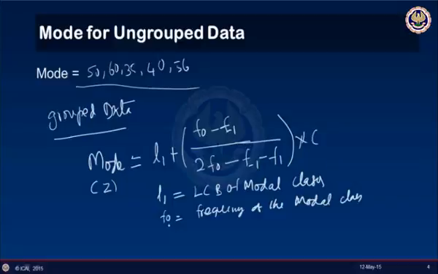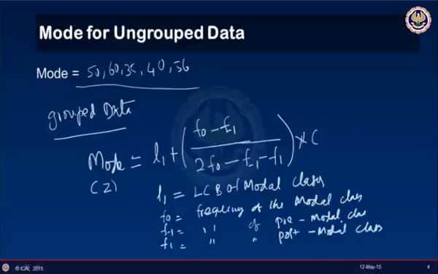F minus 1 equals the frequency of the pre-modal class. F1 equals the frequency of the post-modal class, and C is the class length of the modal class.